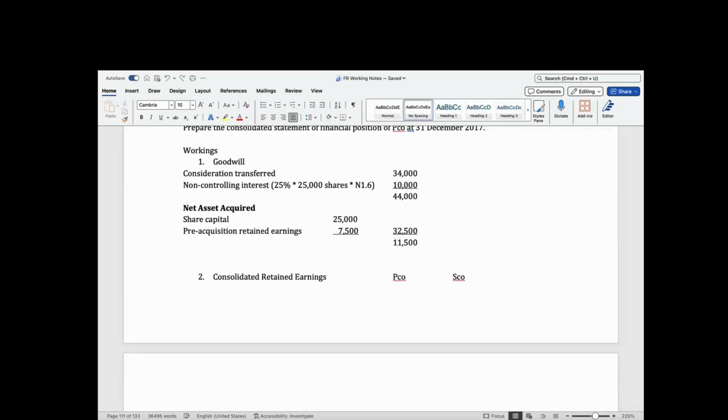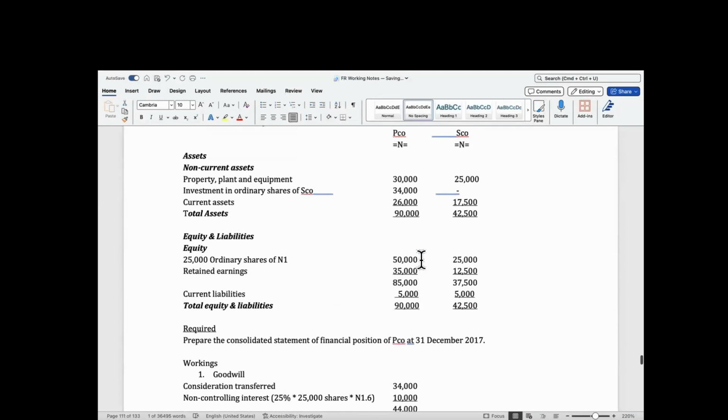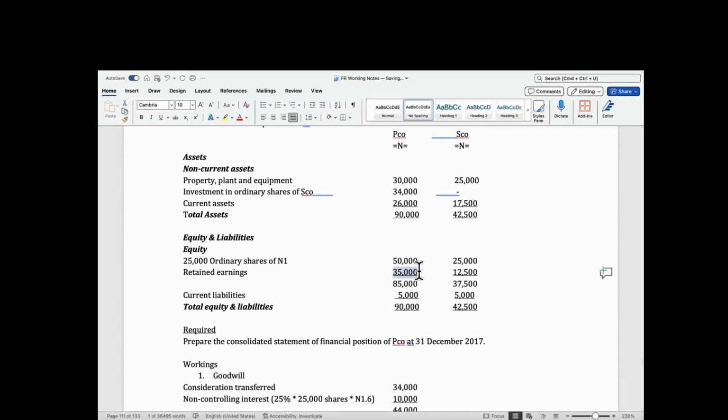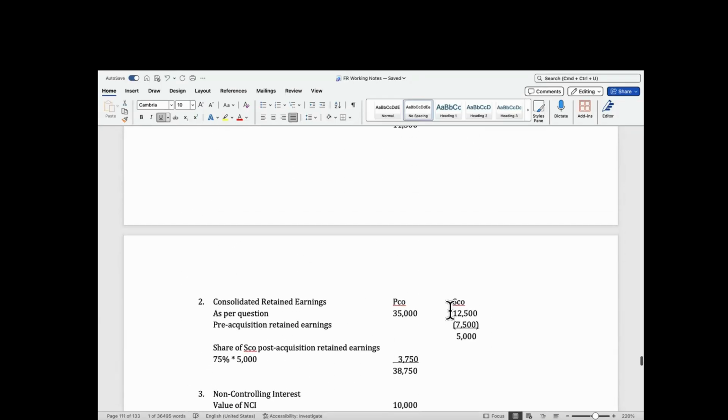The consolidated retained earnings, I have to work this out. From the question, the retained earnings of the parent is 35,000. That of the subsidiary is 12,500.